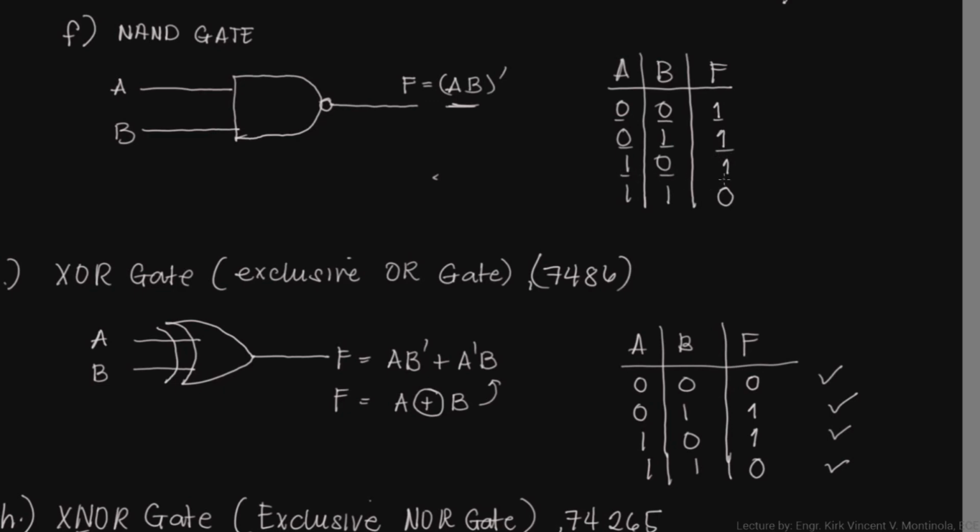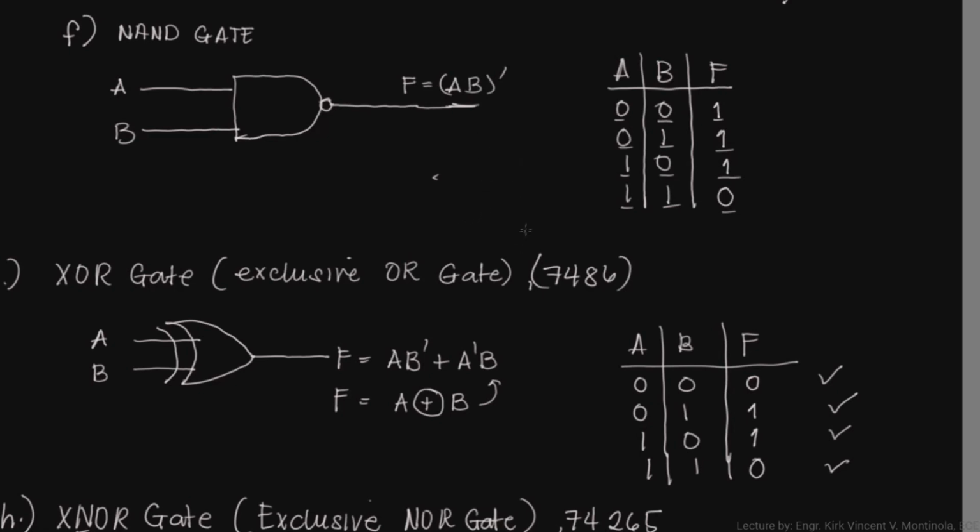Still, you complement the 0, it gives you 1. And then we have 1 and another 1. So 1 times 1 is still 1, but we complement the 1, which becomes 0. Okay, so that is the truth table and the expression of your NAND gate.